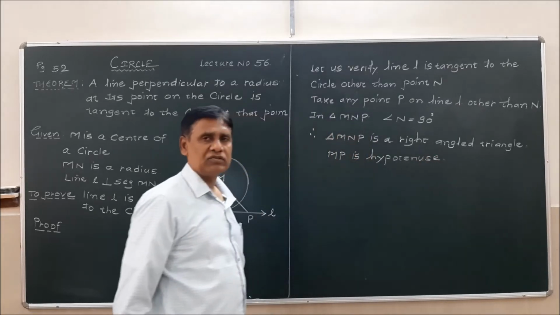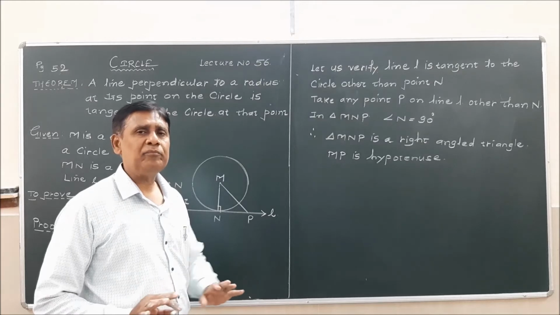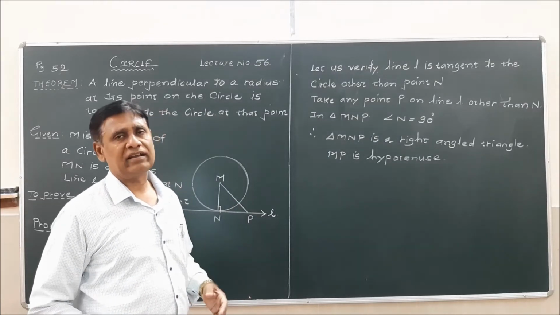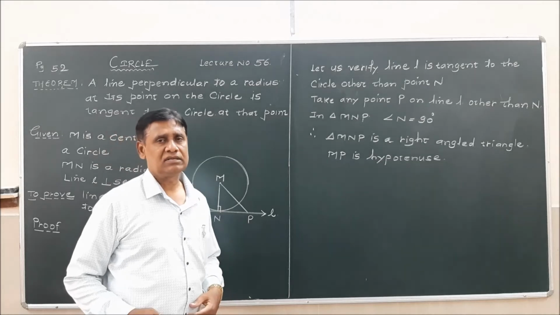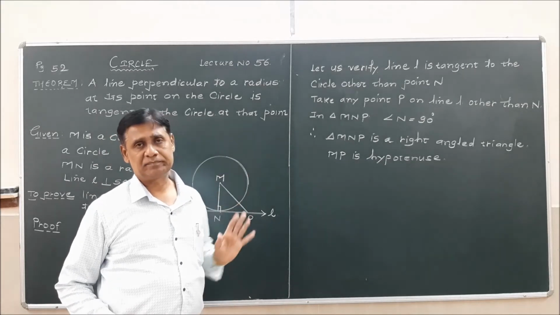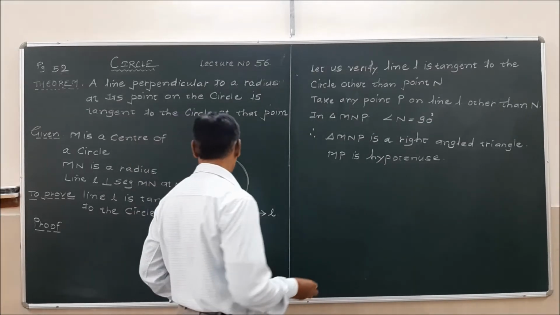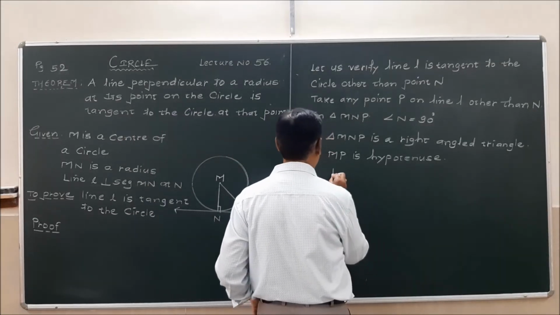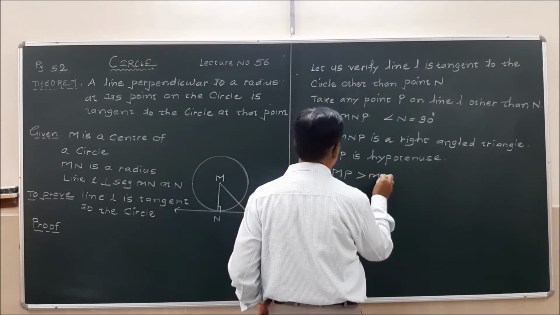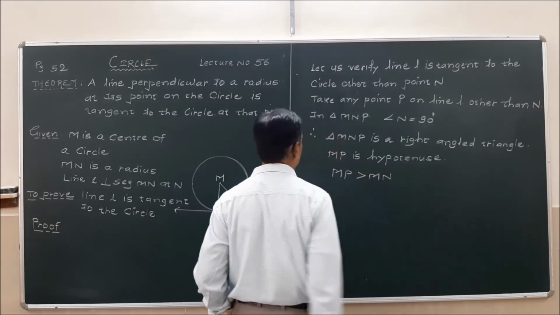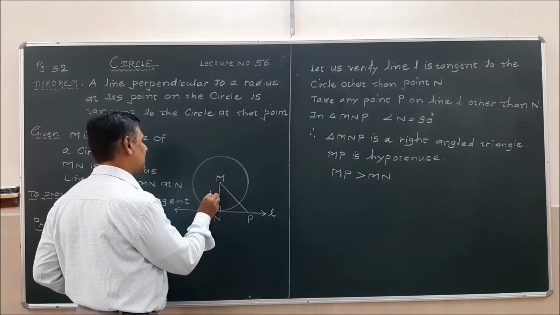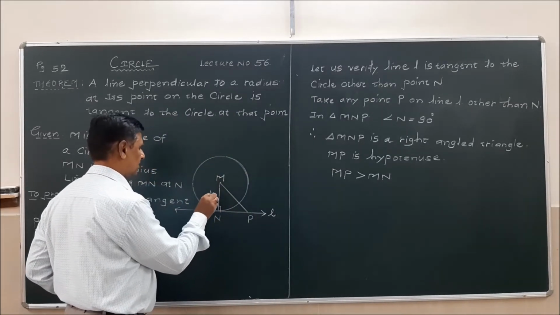MP is the hypotenuse, and you all know the property of a right angle triangle that the hypotenuse is the largest side. So you will get here MP is greater than MN. But what is MN? MN is a radius.